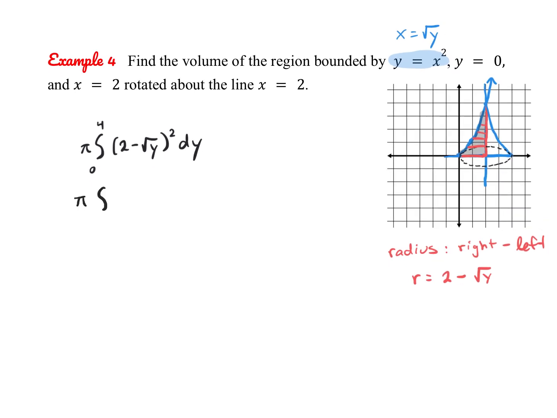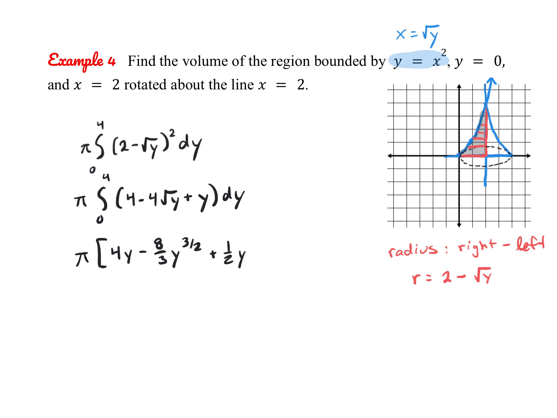For this one, I am going to multiply out that binomial. And then I can integrate with respect to y. So 4y, and same scenario as last time, so minus 8/3 y to the 3/2 plus 1/2 y squared from 0 to 4.